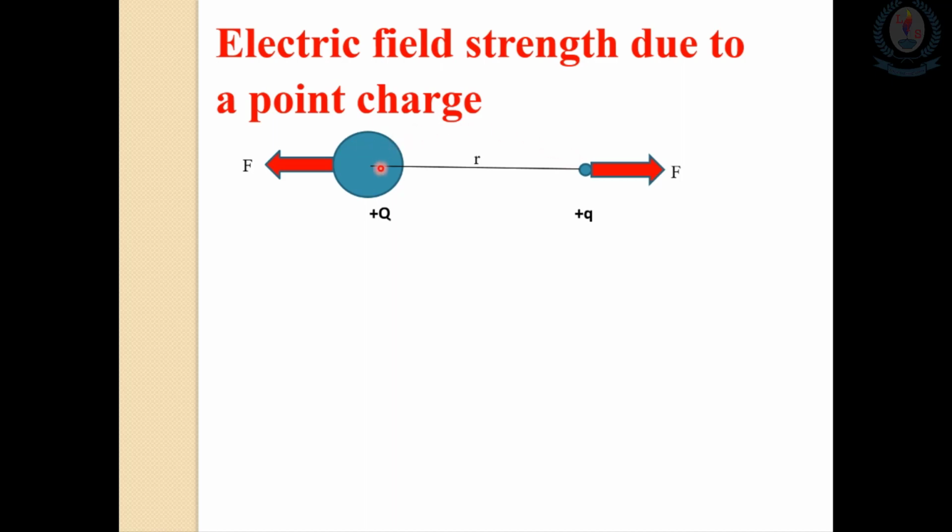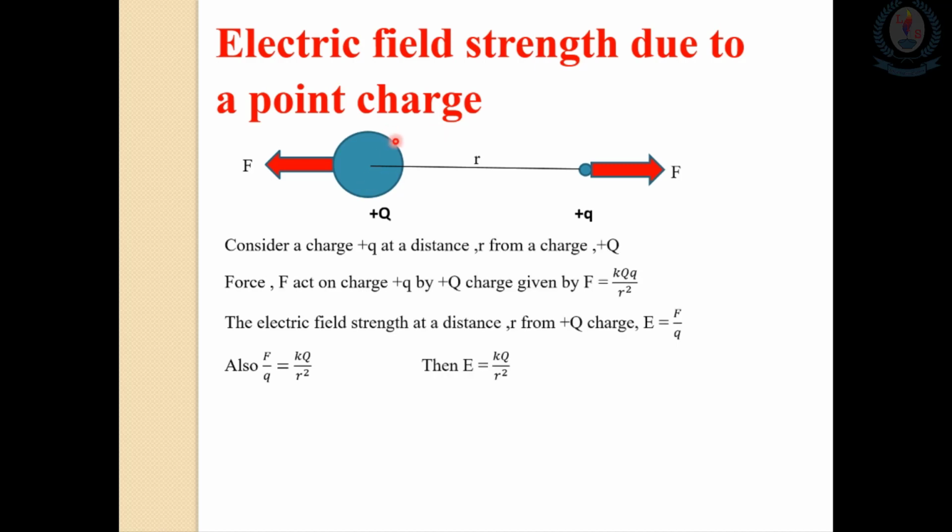The force acting on each charge is denoted by F, and the two forces are equal, as they are a Newton's third law pair: the force on Q by q is equal to the force on q by Q.